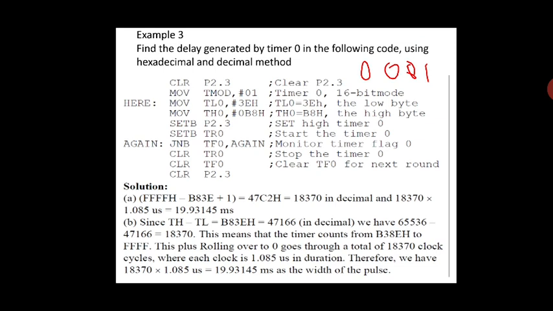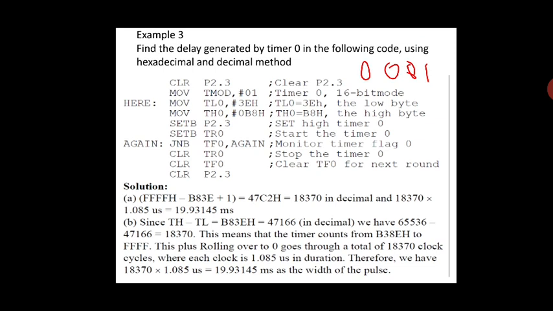For you to understand, B8 is in TH0 and 3E is in TL0, so altogether B83EH is loaded into the timer. You can recall from the previous class, it will start counting from B83E. Next will be B83F, the next will be B840, like this.